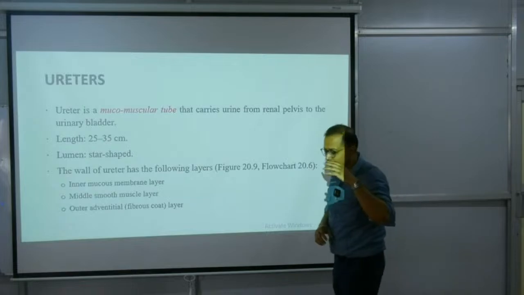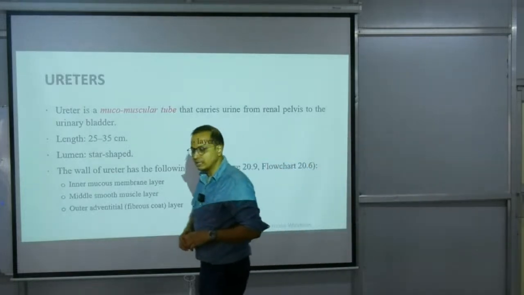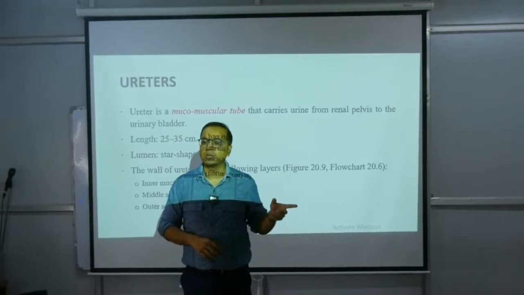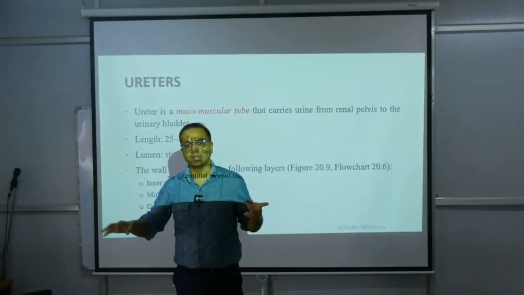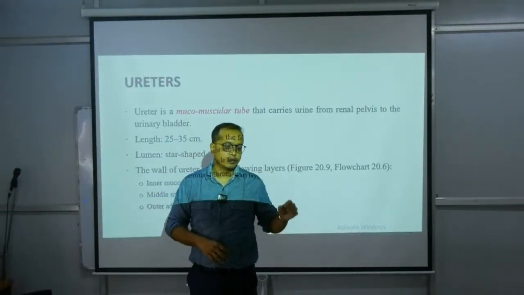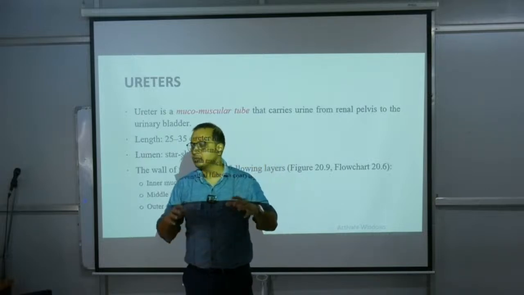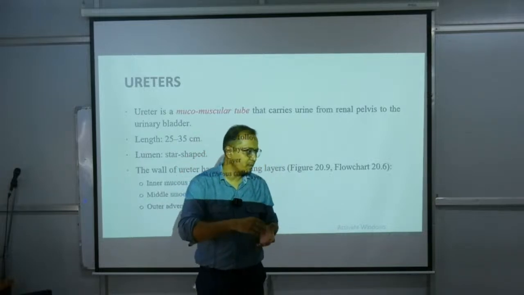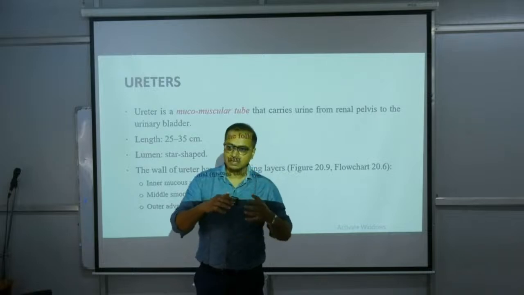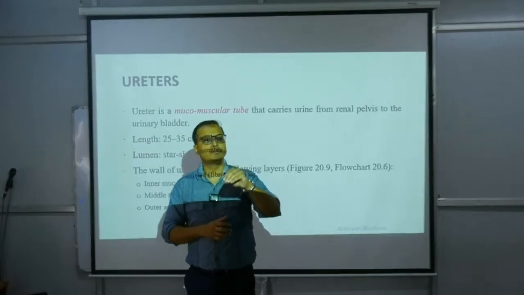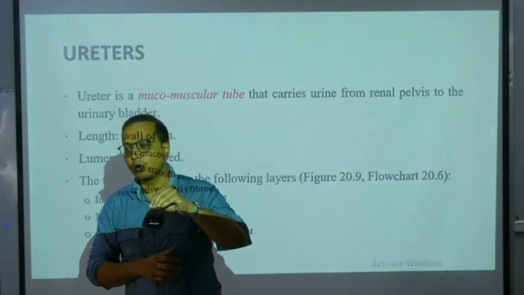Transitional epithelium: when we started the epithelium classification at the beginning of the session, we emphasized the word transition. That means it is transforming or changing shape. The transitional epithelium is a stratified layer, or appears to have a stratified layer. That means it may have multiple layers, but these layers appear based on the status of the organ itself.